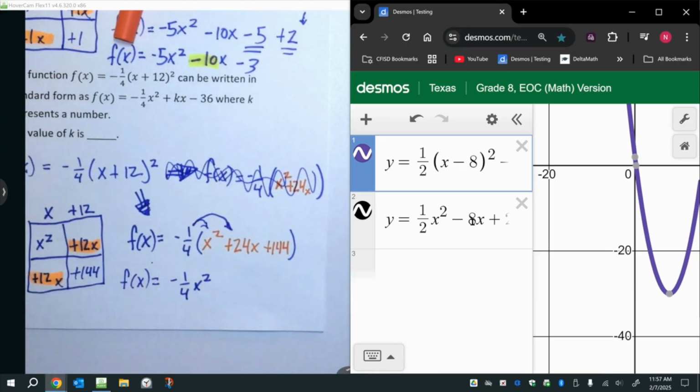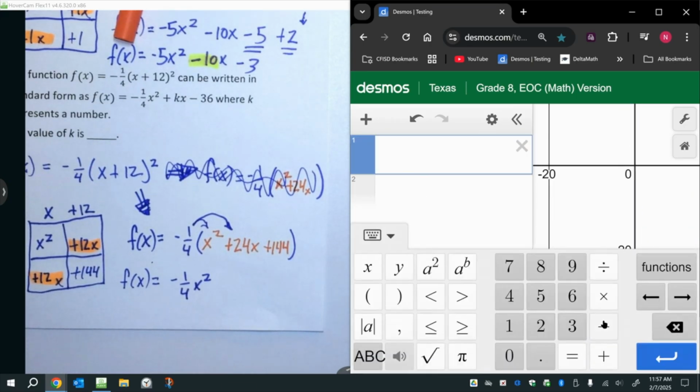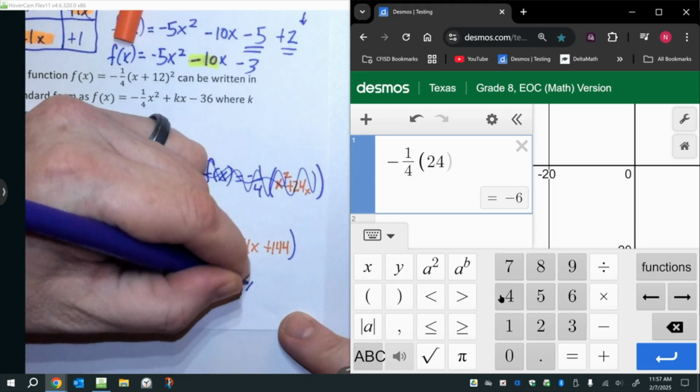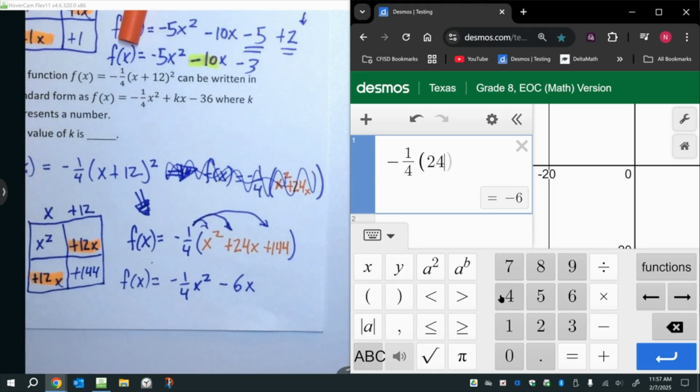I don't know what that is, so let's just do this. -1 divided by 4, multiplied with 24, it's -6. And then multiply it with 144, -36.